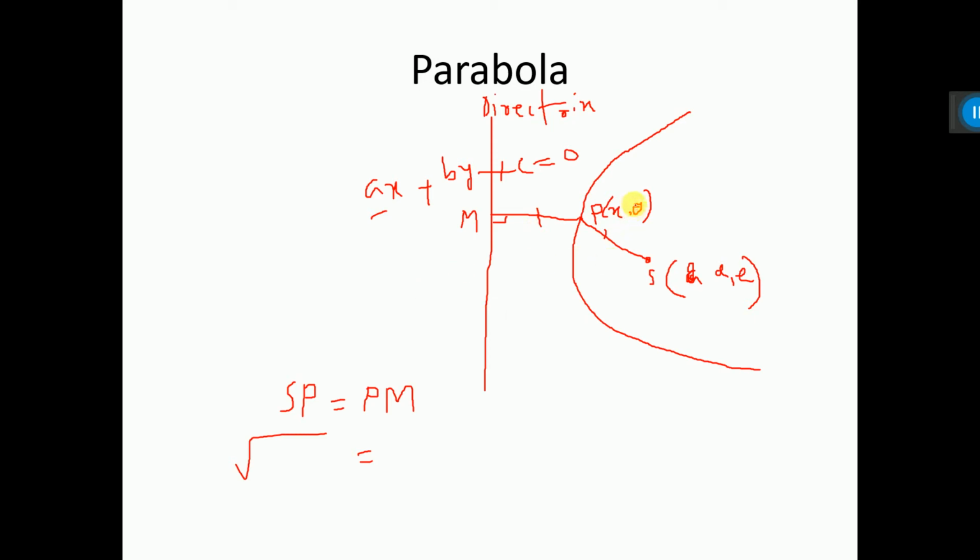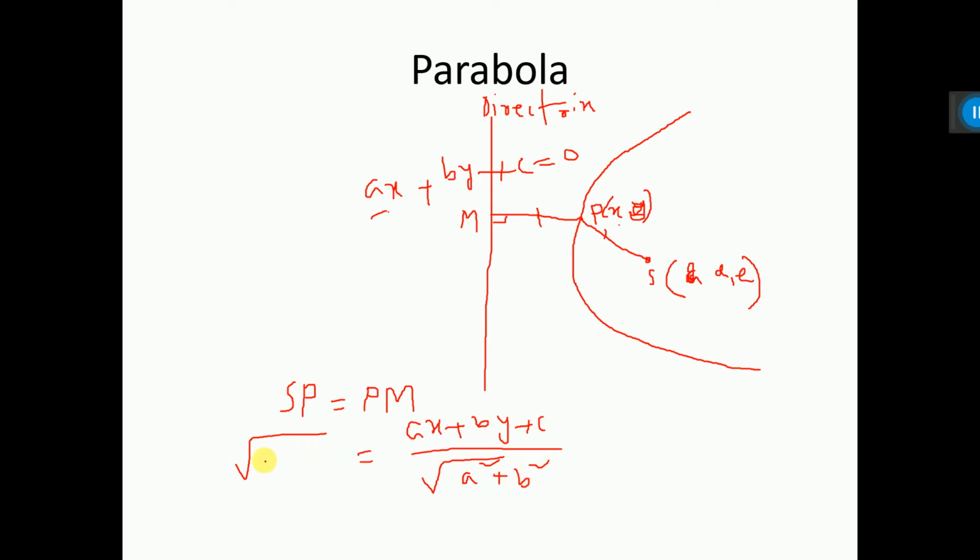The formula for point (x, y) is (ax plus by plus c) by root over of a square plus b square.